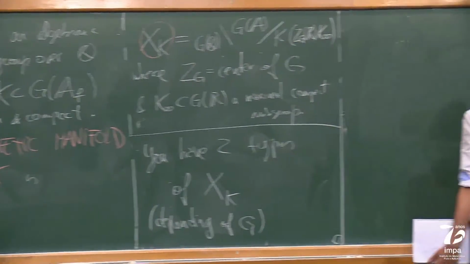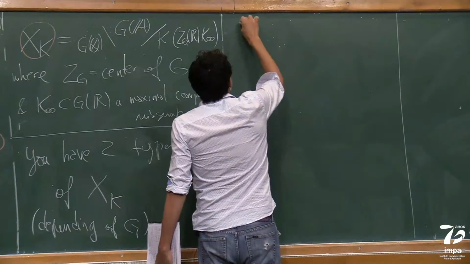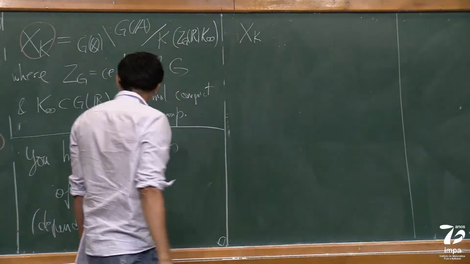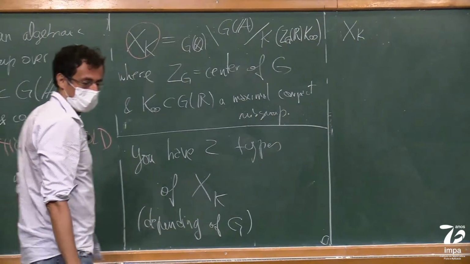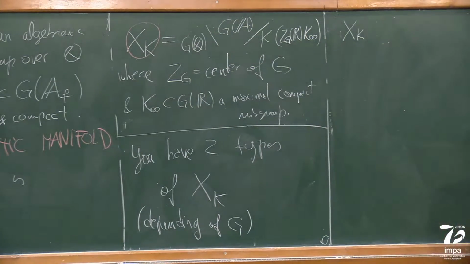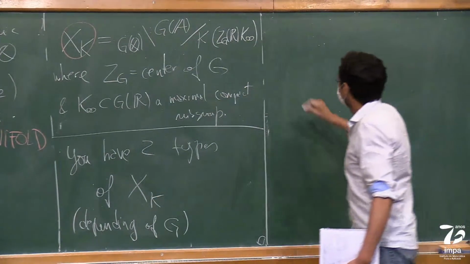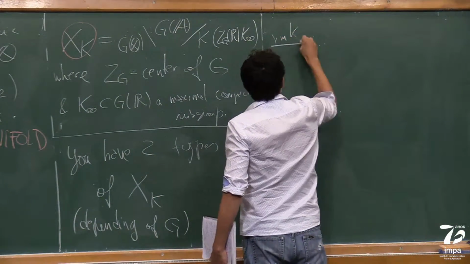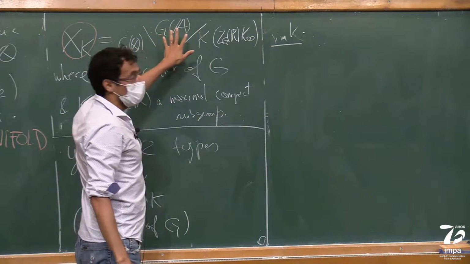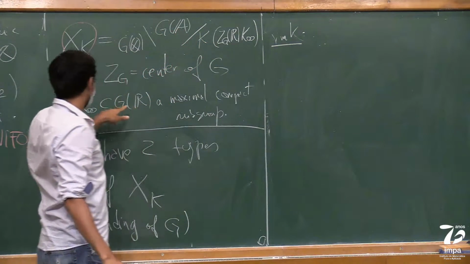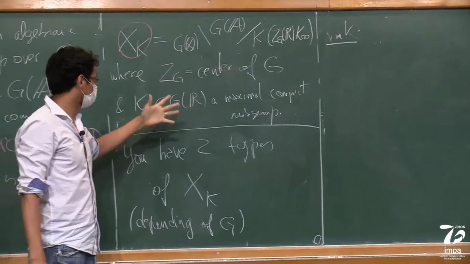Let me do that here. So one is when X_K is... no. Let me first observe, as a remark, that these are not algebraic varieties at all, okay? If you look at this quotient here, this is morally a quotient of the Lie group by an arithmetic subgroup, okay?